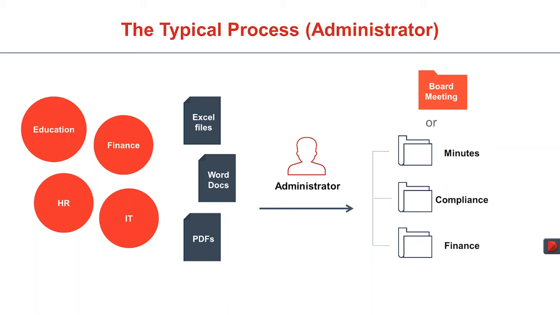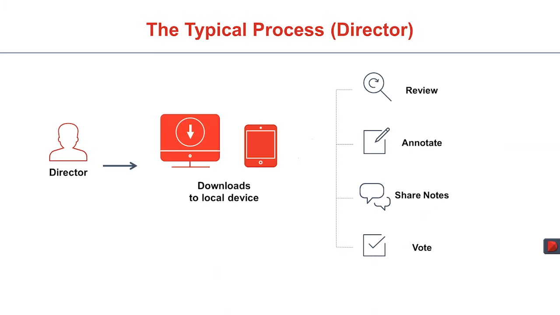What you see now is what I would say is a typical process from an administrator's perspective. On the left-hand side, you see the different departments of an organization who might contribute content to the board material.